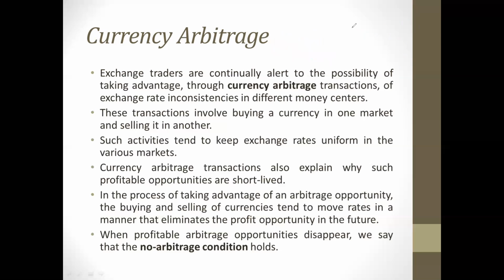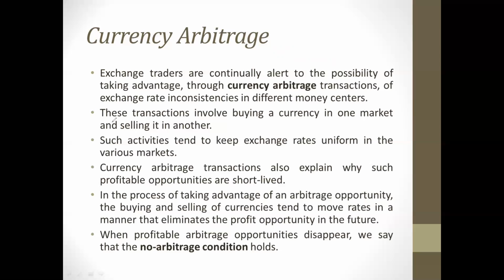Now this is already happening in the foreign exchange market. When traders see that some particular country's exchange rates are lower than exchange rates in another country, they try to buy currency where the exchange rate is lower, and they try to sell immediately those currencies where exchange rates are high.